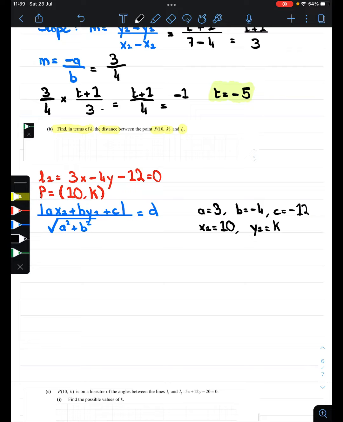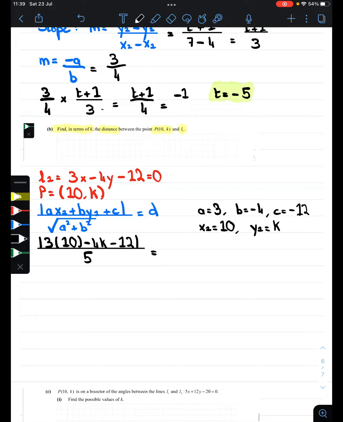So we're just going to plug this into our formula. Very nice and simple. 3 by 10 minus 4 by k plus c, so minus 12, magnitude of that, all over the square root of 3 squared plus 4 squared, which is just 5. 9 plus 16 is 25, square root of 25 is 5.